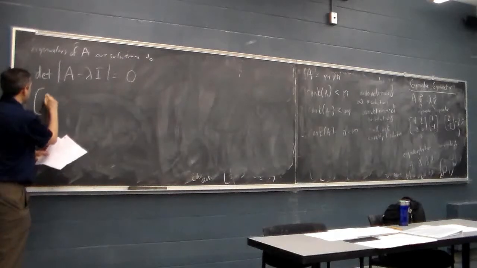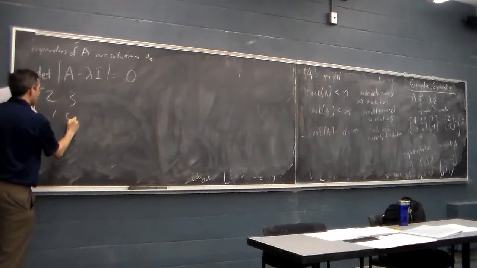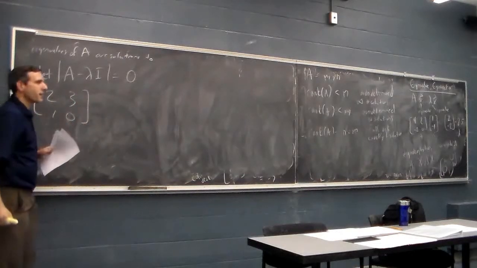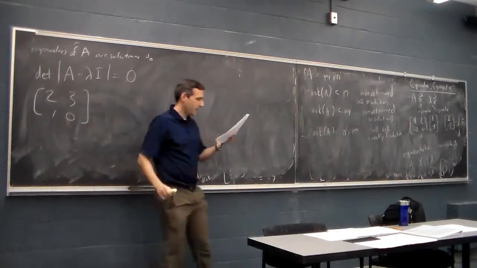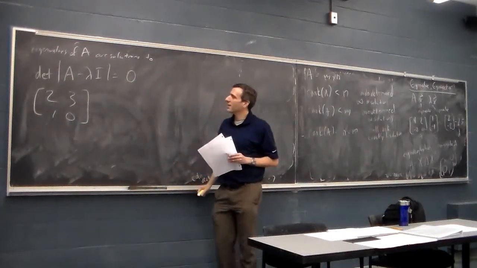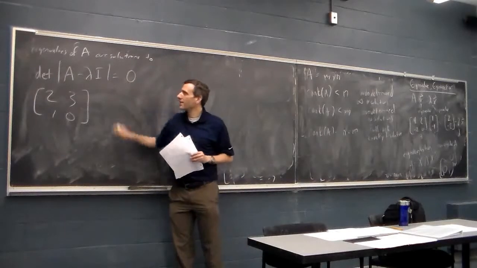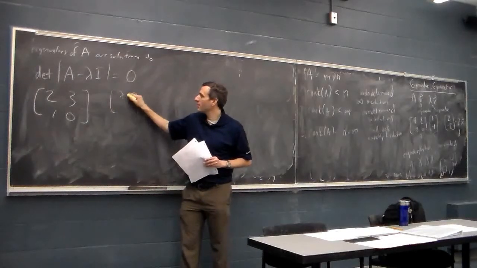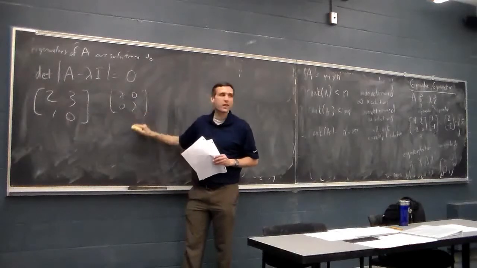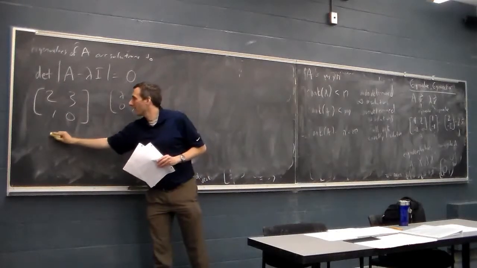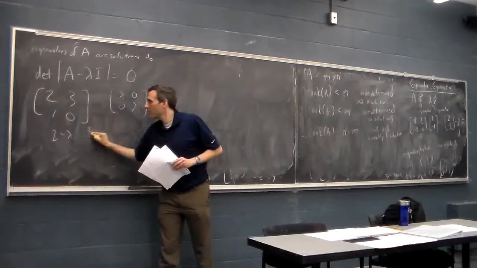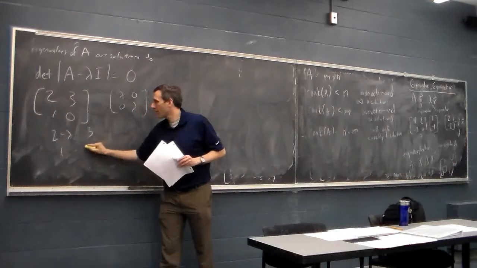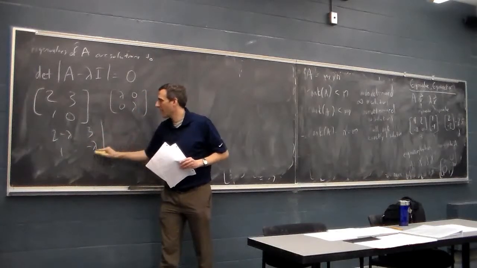So let's say we have the matrix 2, 3, 1, 0, and we want to find the eigenvalues of this. Then what we would say is that we want A minus lambda I. So lambda I is going to be the matrix lambda, 0, 0, lambda. So A minus lambda I is 2 minus lambda, 3, 1, 0 minus lambda, which is just minus lambda.